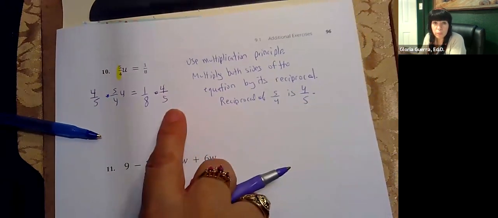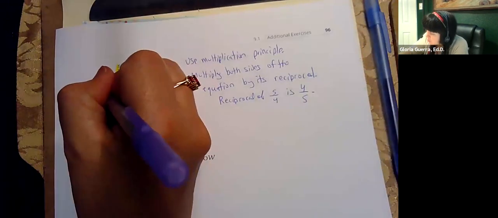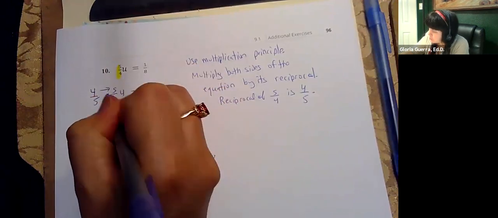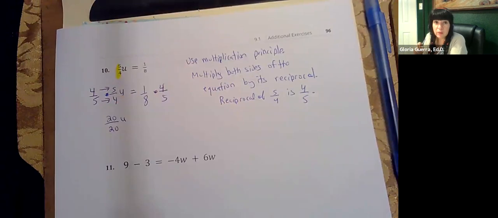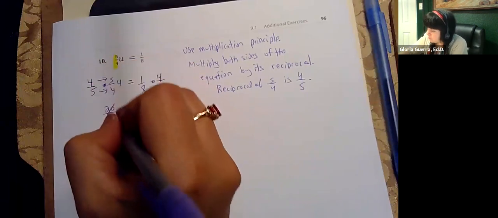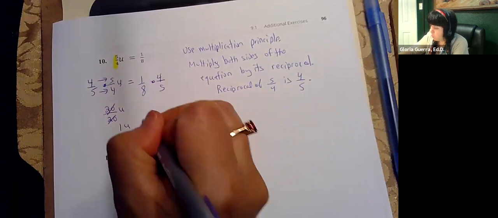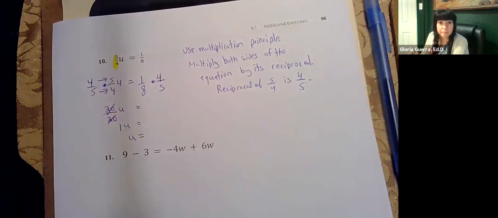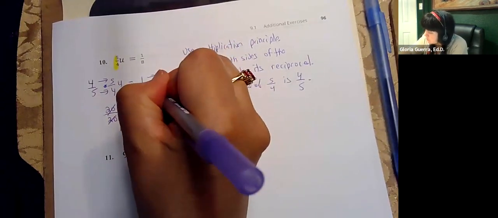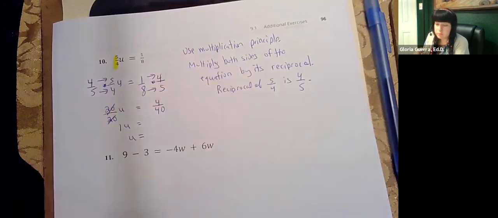Okay. And then you want to multiply straight across. 4 times 5 is 20. 5 times 4 is 20. And 20 goes into 20 one time. 1u, and that's just u equals. The other side, you multiply straight across. 1 times 4 is 4. 8 times 5 is 40.